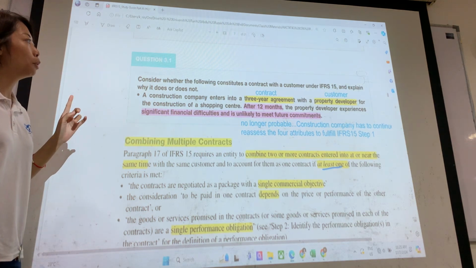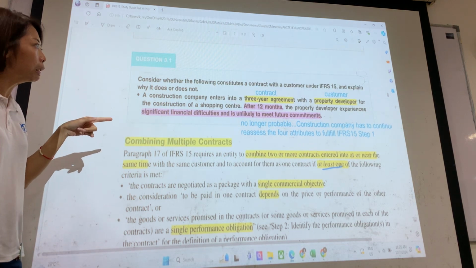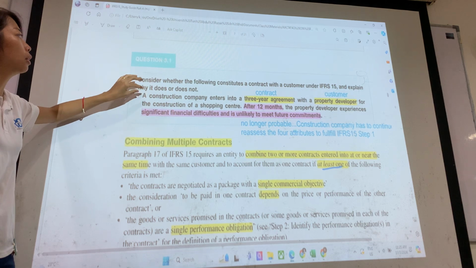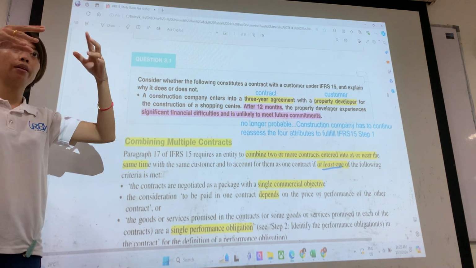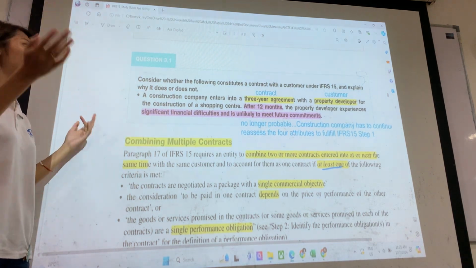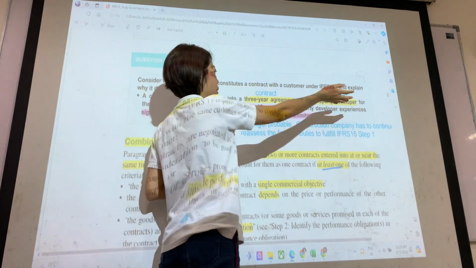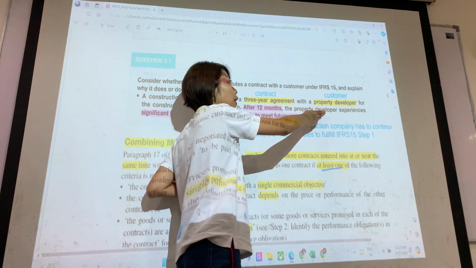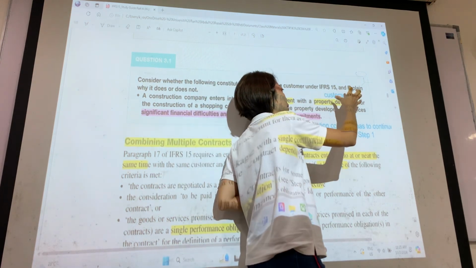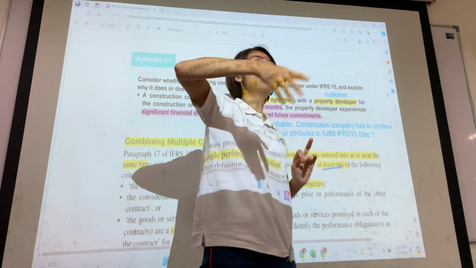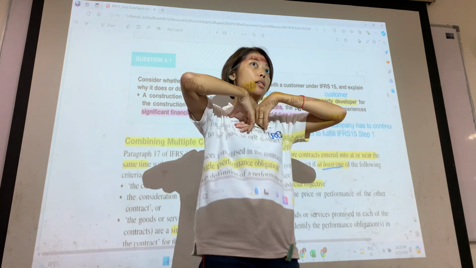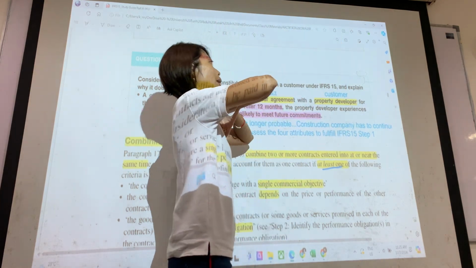Now, so what happened here is the construction company will build something, right? They will construct a shopping center, whatever it is, like a building. And then the construction company's customer is a developer, a property developer. And the developer is the one who will talk with the public like us to sell their condominium or whatever.